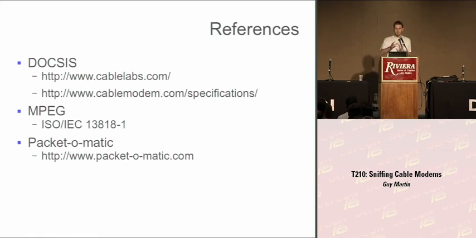You have MPEG packets, which are 188 bytes, and in each of these packets are encapsulated DOCSIS frames. In those DOCSIS frames, you have Ethernet frames, and then the known suite of protocols, so IPv4, TCP, whatever. And for the software, just go on packetmatic.com and download it.